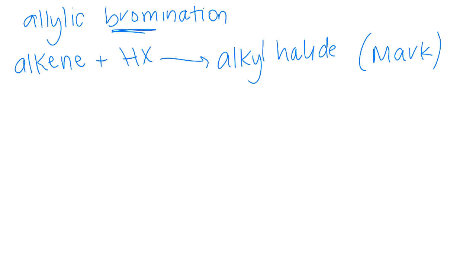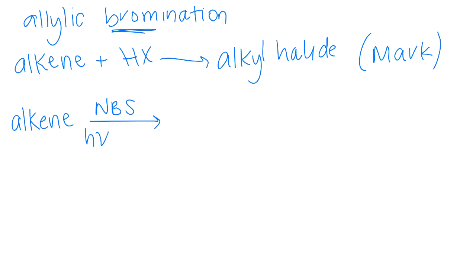But for allylic bromination, we're specifically looking at an alkene with NBS. You don't have to know exactly what the structure of NBS is, but you should be aware that the B stands for bromo, so that's where our bromine is coming from. We also need to react it with some light.